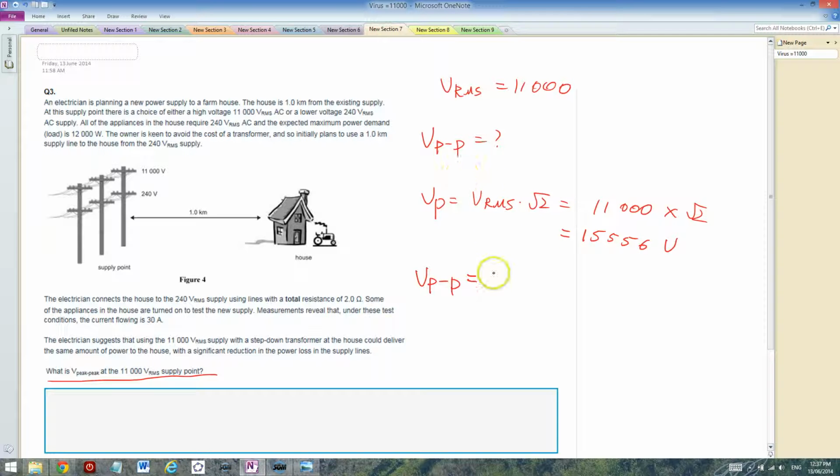So it's basically the peak voltage times 2, 3.1 times 10 to the power of, well, let me write it fully, 3112.6. To make it simpler, 3.1 times 10 to the power of 3 volts.